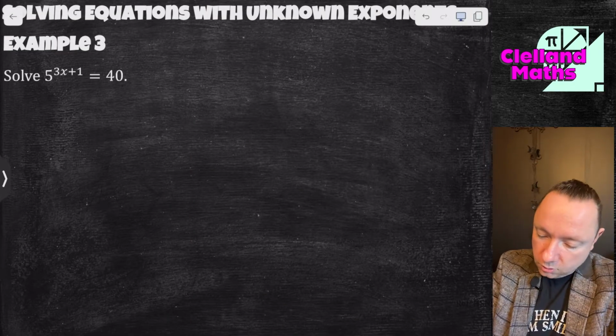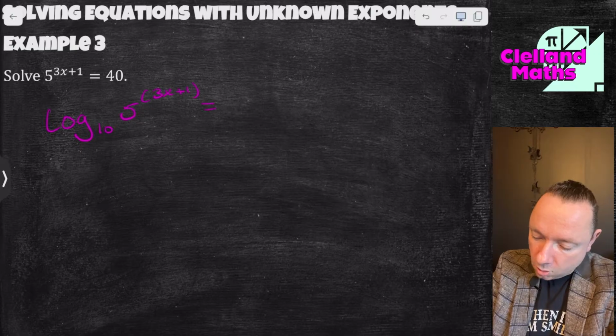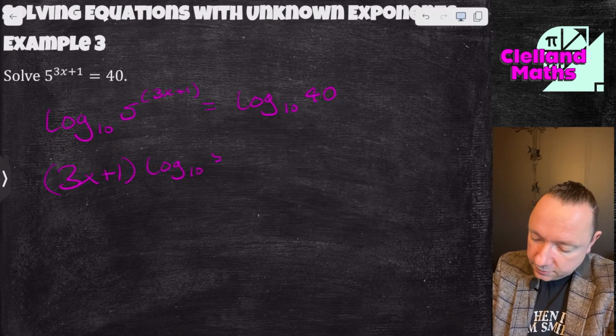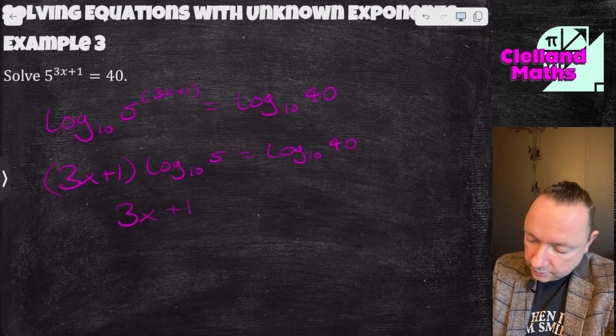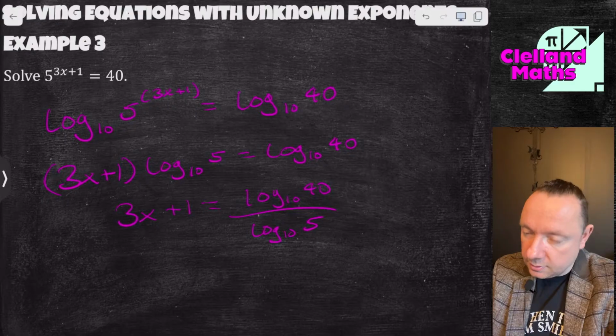5 to the 3x plus 1 equals 40. So let's do log base 10 of 5 to the 3x plus 1 is log base 10 of 40. So 3x plus 1 can come to the front to get log base 10 of 5 equals log base 10 of 40. So 3x plus 1 equals log base 10 of 40 over log base 10 of 5.